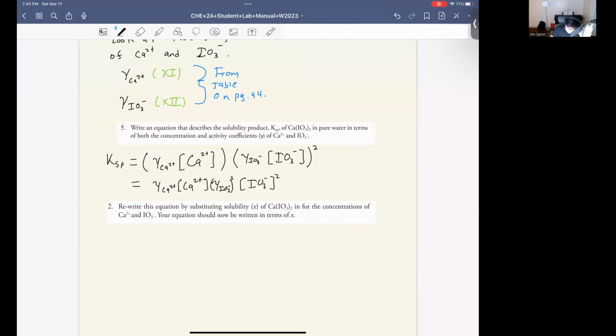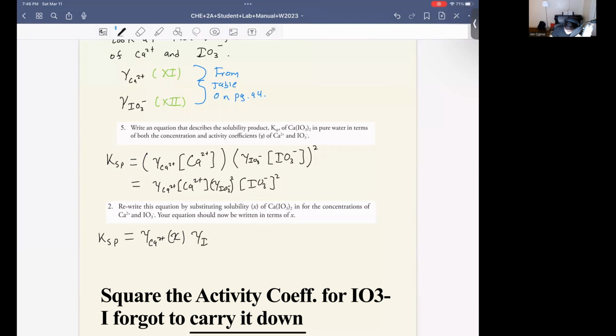All right. We have KSP is equal to, now we're just writing it in terms of X, right? So we're same thing as we did before. X is the concentration of calcium. So these gamma coefficients are the same.